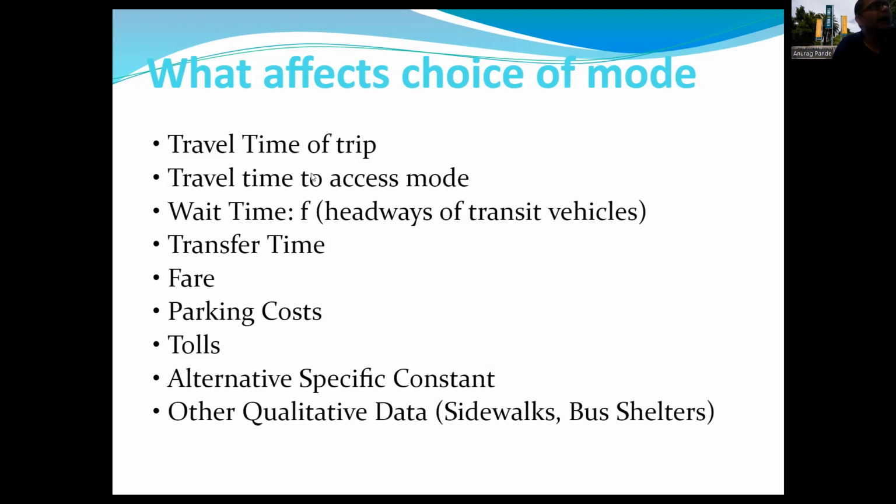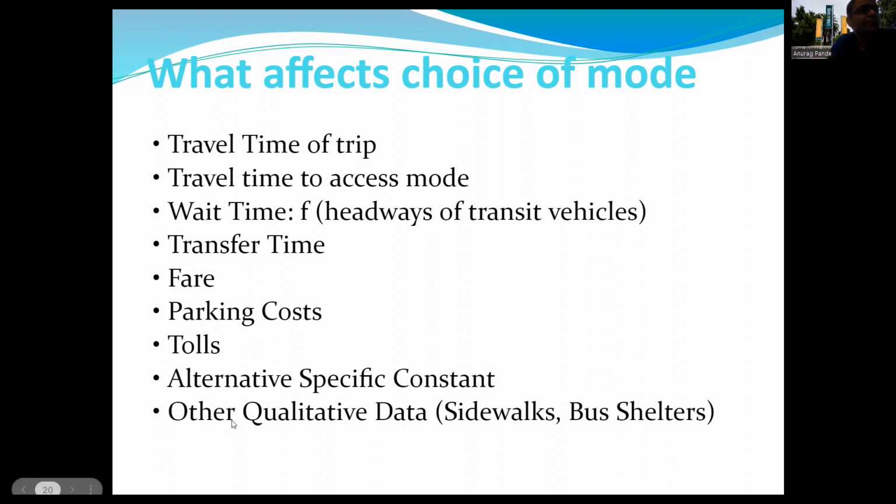Sometimes that could be hard to express in the model, and it usually gets reflected in what we call the alternative specific constant. It's typically represented by A naught, or simply A, like the intercept term in a model. I'll provide you with that value in example problems or homework problems. We are trying to capture the intangibles of taking a particular mode.